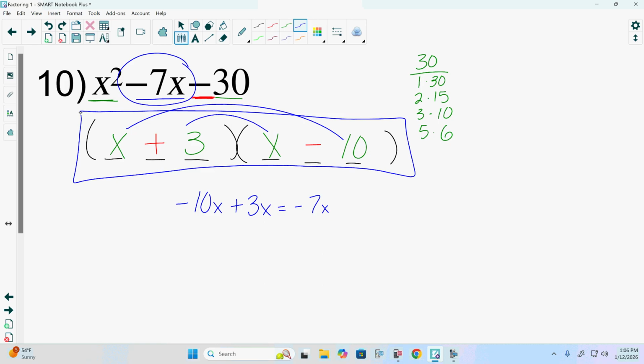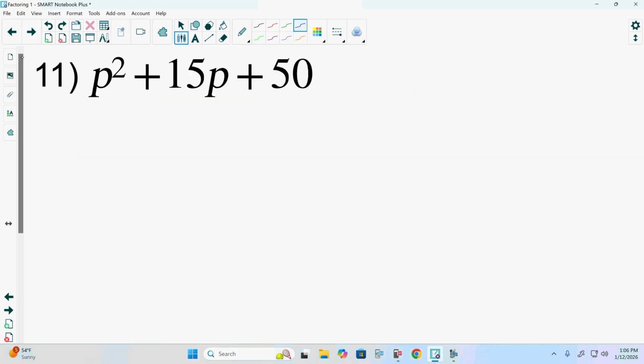Questions on this here? P squared plus 15p plus 50. Greatest common factor. There's not one between these three terms, so we just move on to our second step, our two sets of parentheses with three spaces.